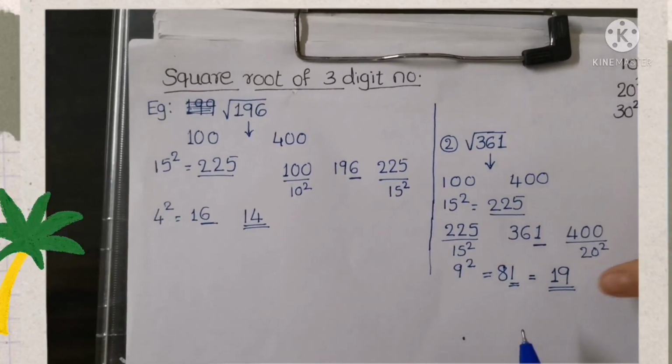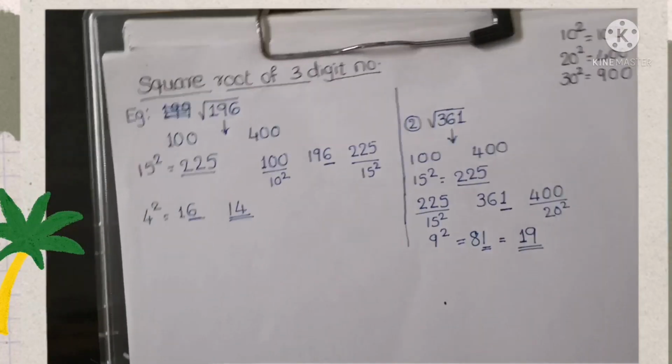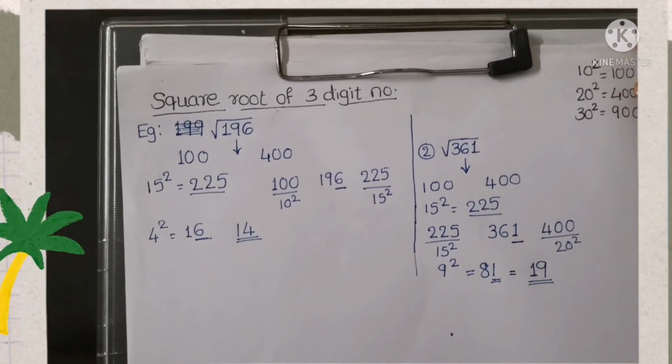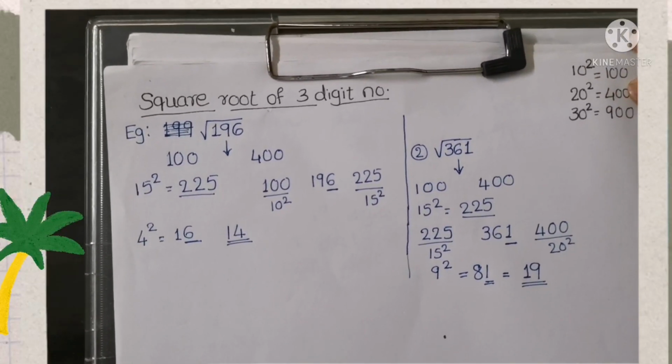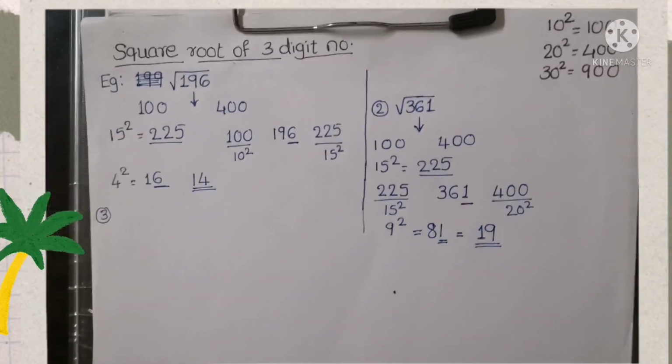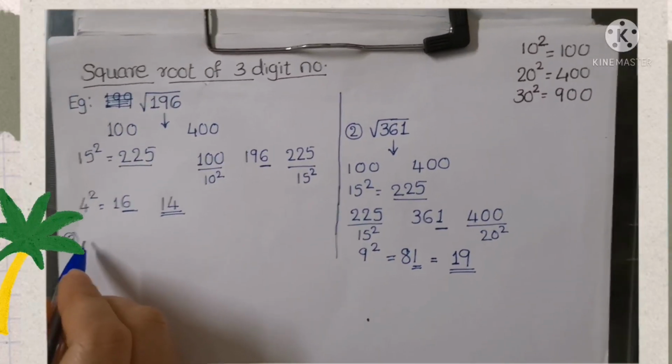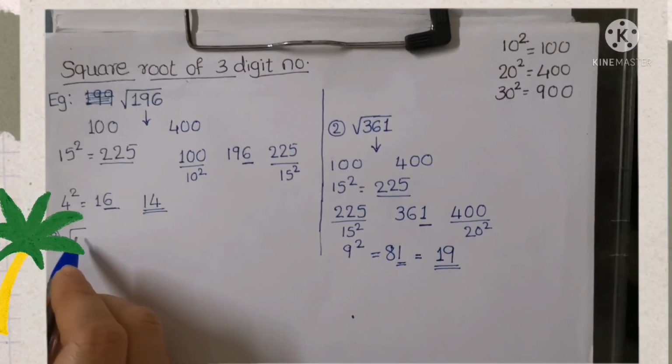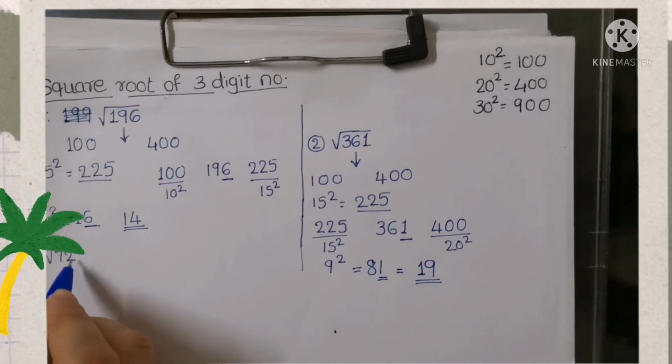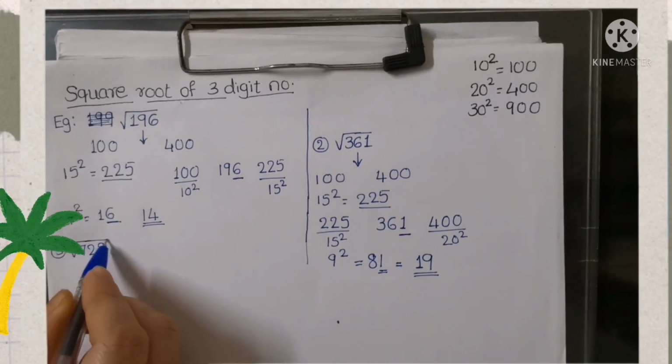I think this trick of finding the square root of a 3-digit number is very easy. So let's see one more example to make this concept more clear. Our next number is 729.